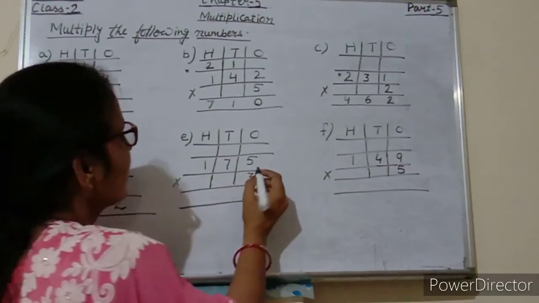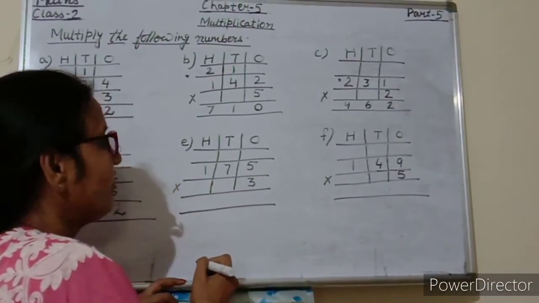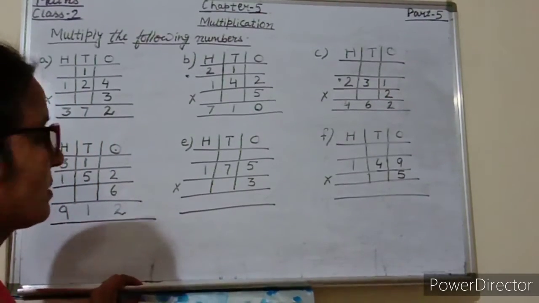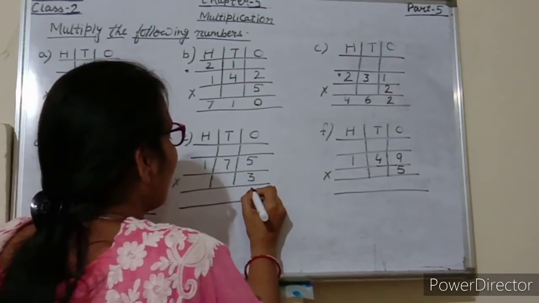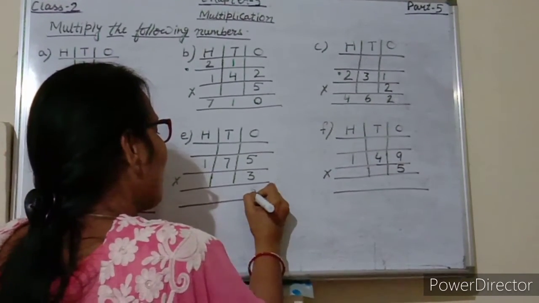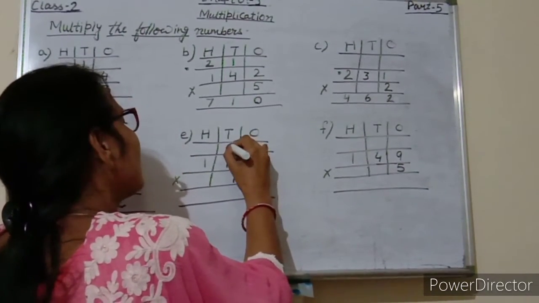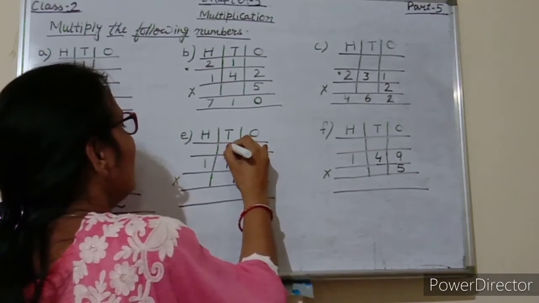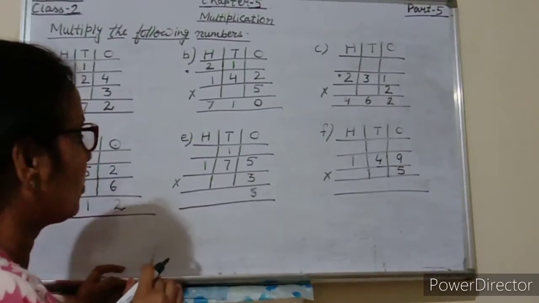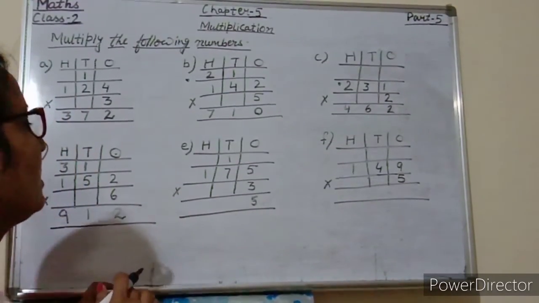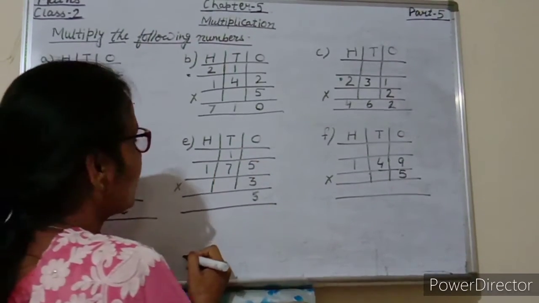Now come to the next. 5 ones into 3, 15 ones. So what we will do? We will write 5 under the ones column and 1 we will write in the tens place as a carryover. Now 7 tens into 3, 21 tens. 21 tens plus 1, 22 tens.